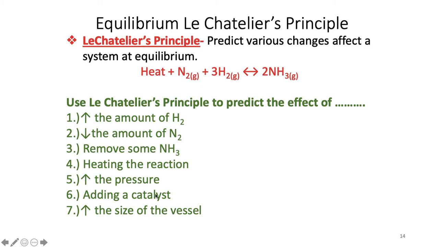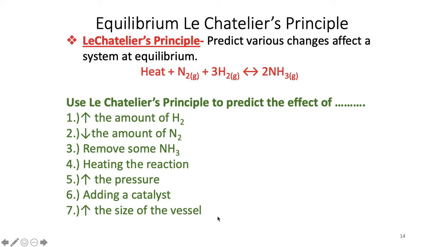So adding a catalyst does absolutely nothing to the equilibrium constant. It may just speed up the reaction, and that's typically what happens. But it doesn't have an effect on the equilibrium.